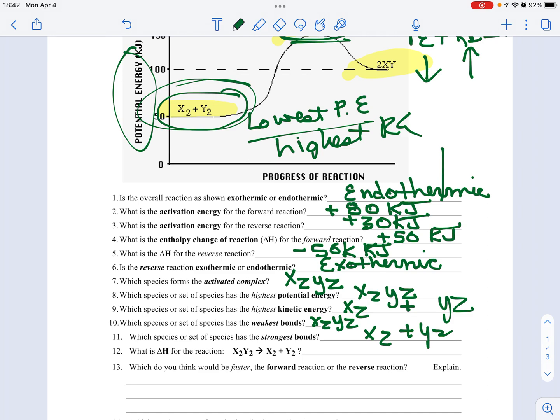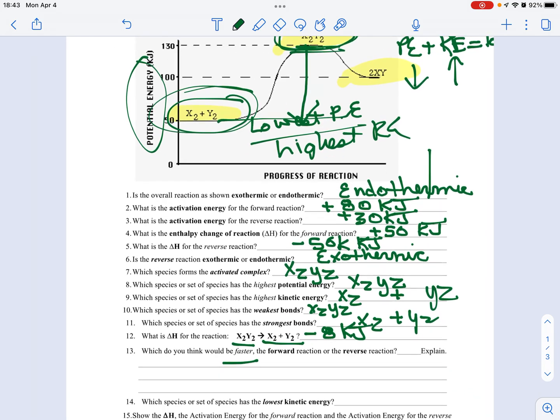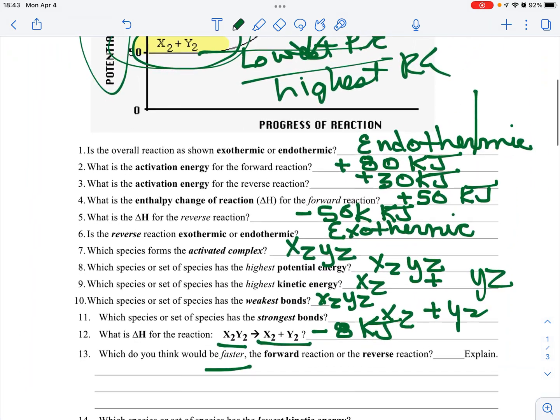What is the delta H for the reaction going from here to here? That will be negative 80 kilojoules. And then we're asked, finally, I don't know if this is finally. I'm going to have to move up and down. What do you think would be faster, the forward or reverse reaction? And explain.